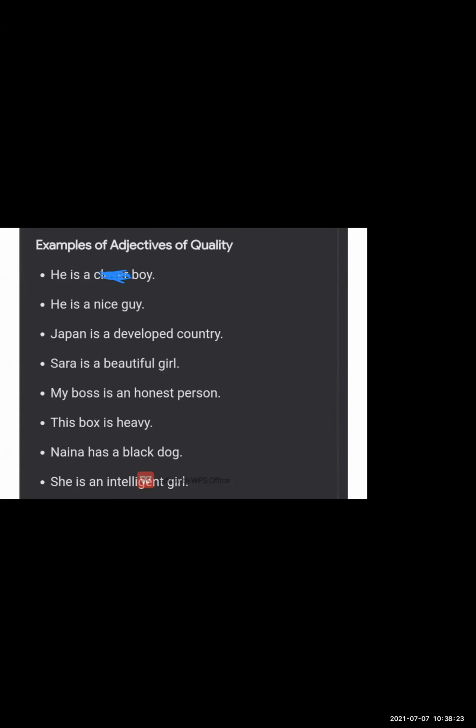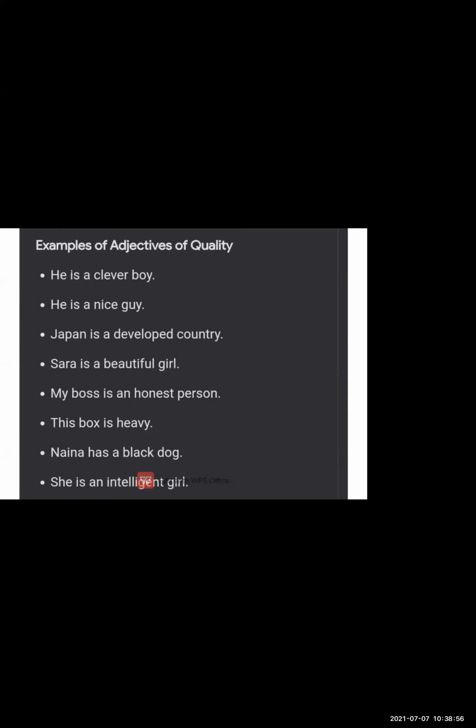But if I write here, he is a clever boy, the word clever comes under the quality adjective. Why? Because I am describing the noun. Person is the noun. Here I'm describing the noun and which word am I using? Clever. So clever comes under the adjective. Which adjective? Qualitative adjective. Ame, you can mute yourself. Very good, Ame. Good try.